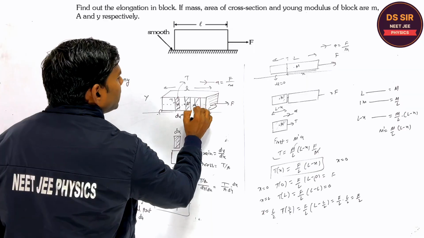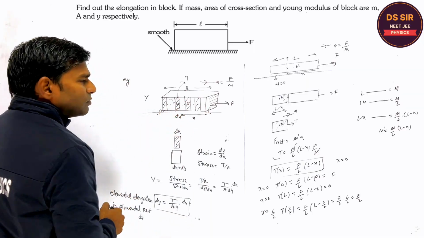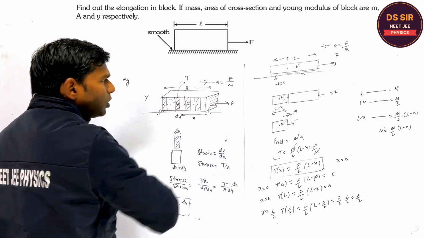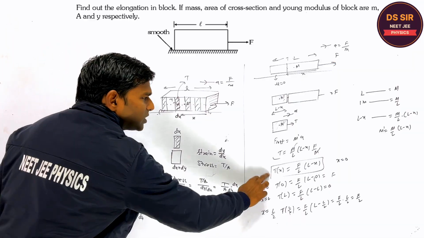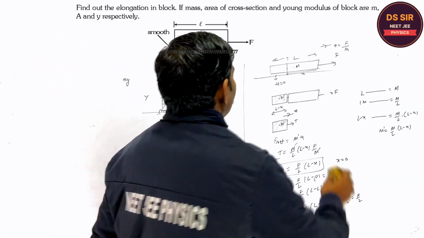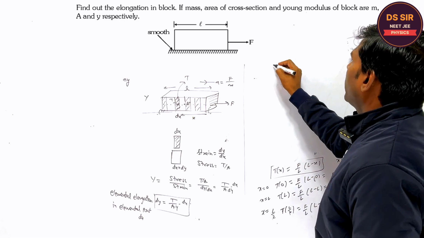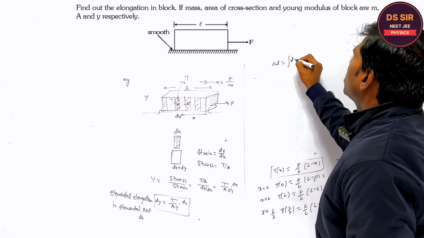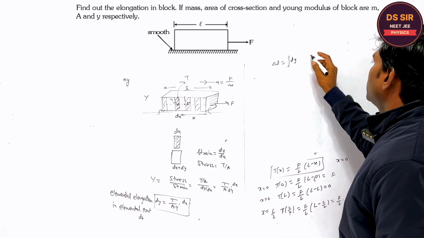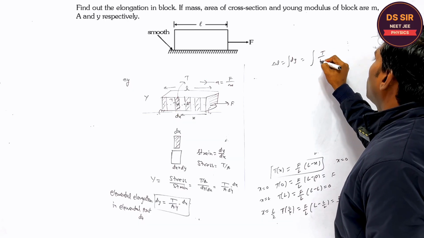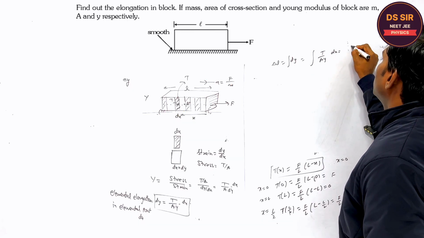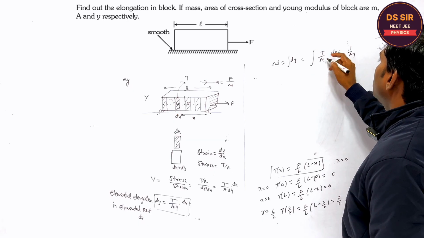Every part is under different tension. So to find the total elongation because of this tension, what do you have to do? You have to integrate this, right? So to find the total elongation, you integrate this, which is T upon A Y into dx. 1 upon A Y.